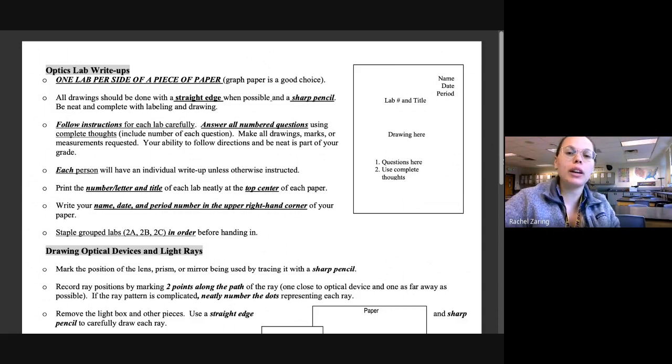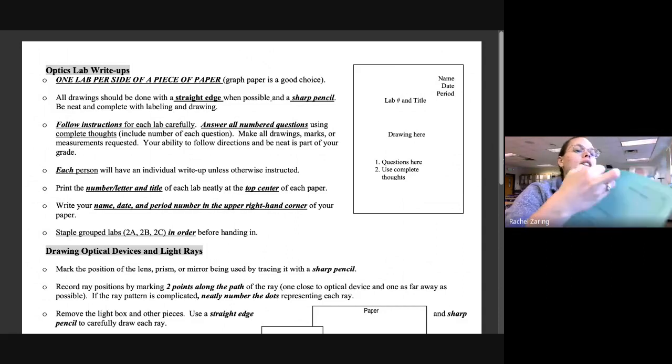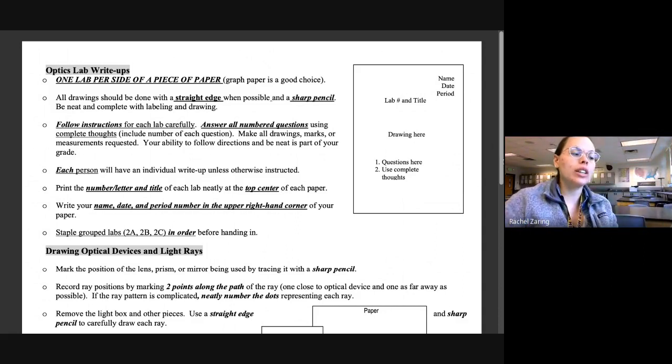There's images, pictures, and then towards the end of the lab, there will always be questions that you need to answer. It's important that you answer these questions in complete sentences, and those questions are answered directly below where you've completed your drawing. So you have an example up in the upper right-hand corner of your expectations here, where you're going to put your drawing and then questions below using, again, complete thoughts.